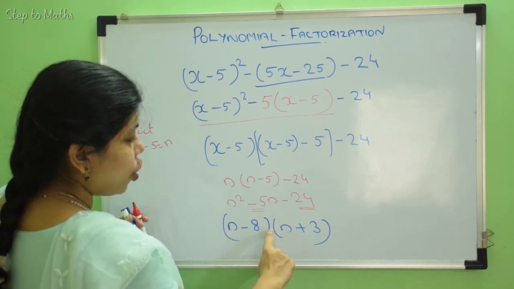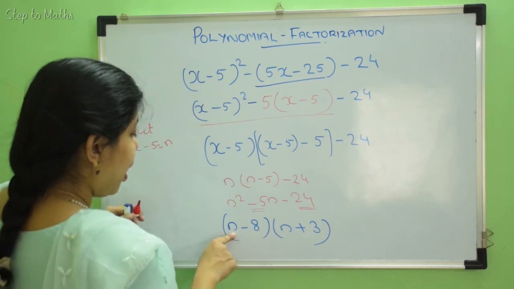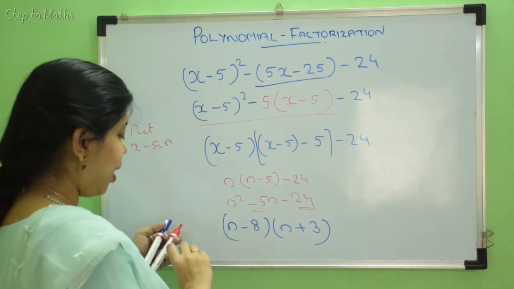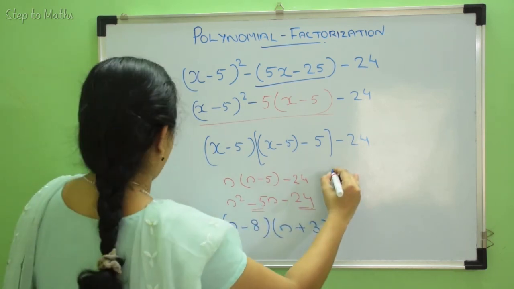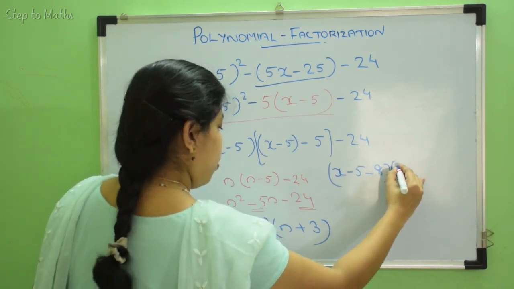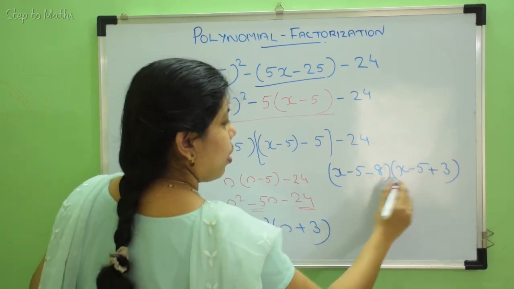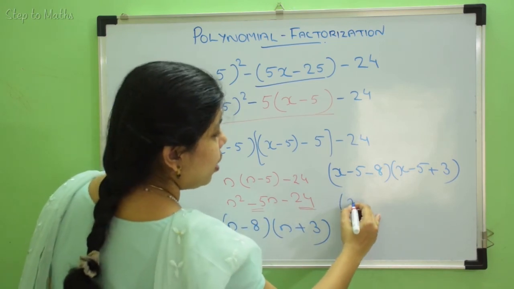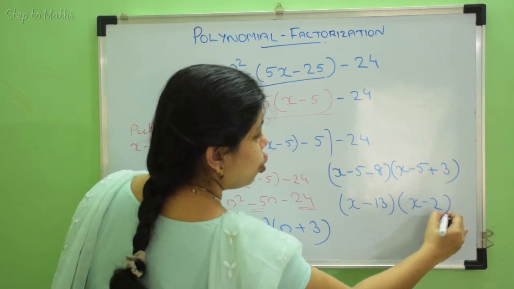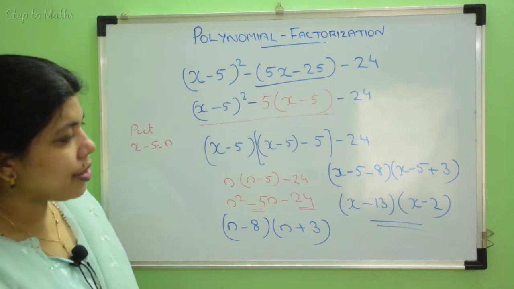That is (n minus 8) into (n plus 3). But what is the value of n? x minus 5. So we can rewrite this as (x minus 5 minus 8) into (x minus 5 plus 3). If we simplify this, (x minus 13) into (x minus 2).